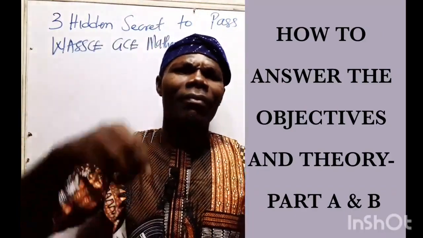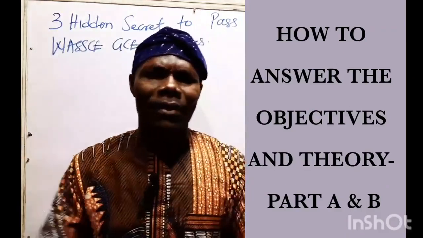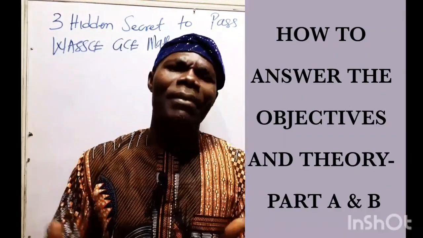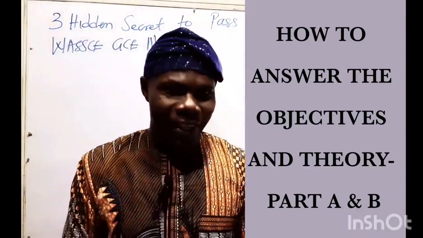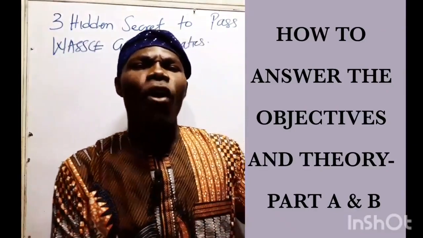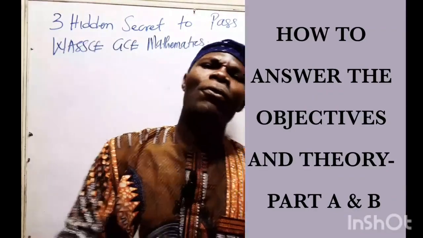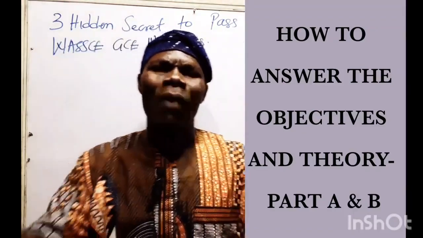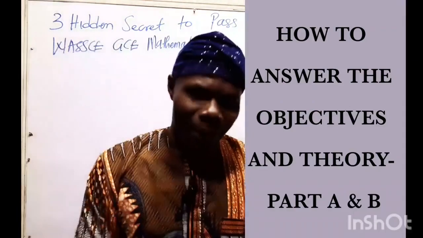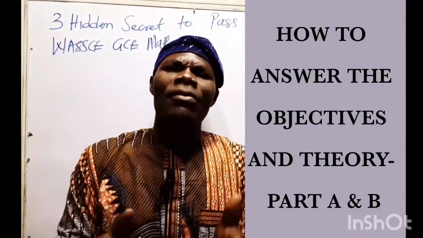Before you even answer a question, in the recent WAEC examination, there is no extra booklet. It is not the era of olden days where you would have 2-3 extra booklets. No, it is inside your question sheet that you are going to answer the questions. So what are you going to do?